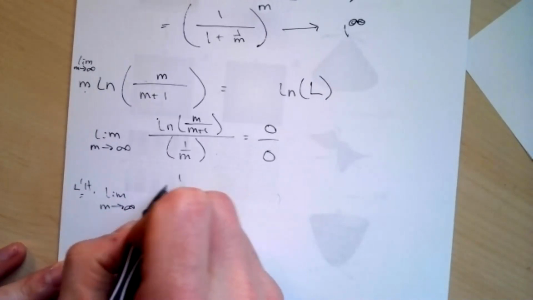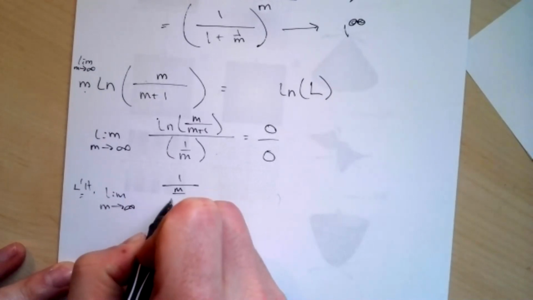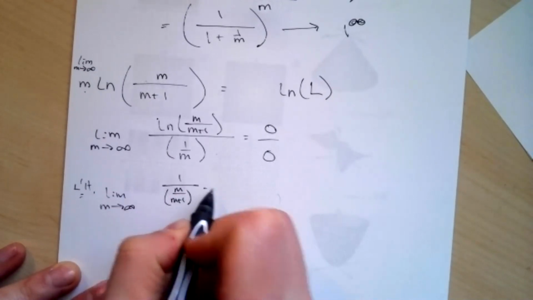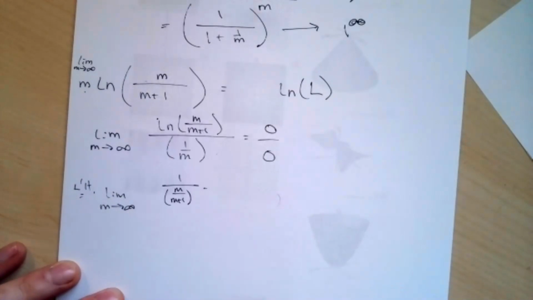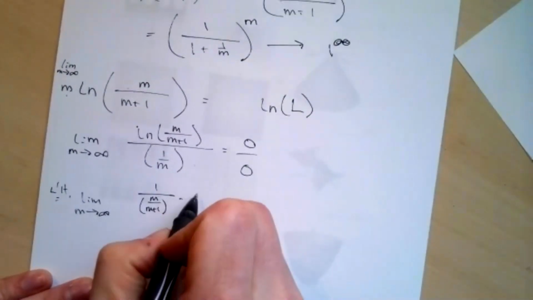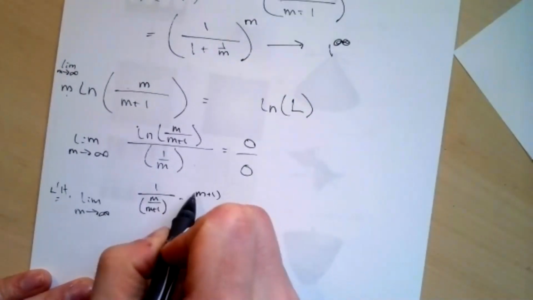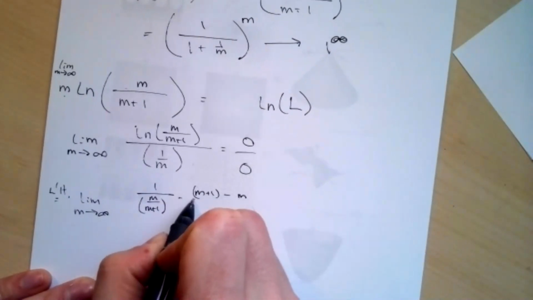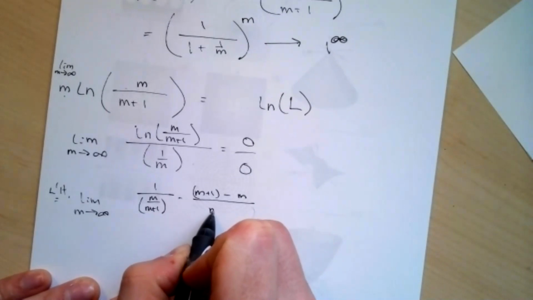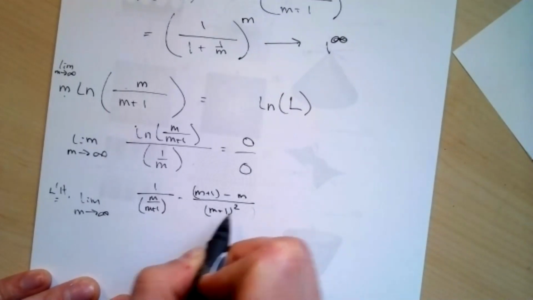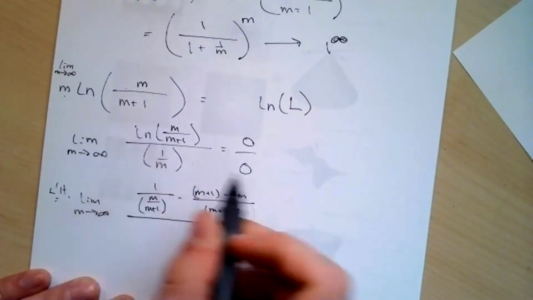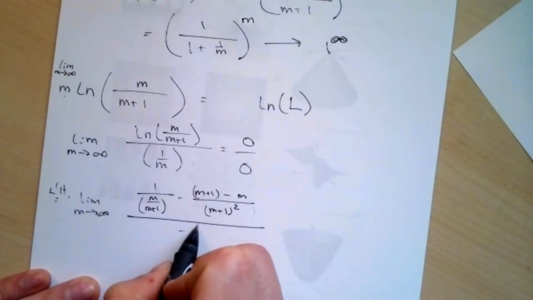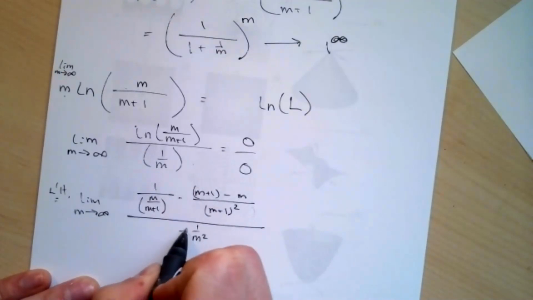Because you're going to have 1 over m plus 1. Then you've got times that derivative, which is going to be a quotient rule. And then divided by this guy, which will give us a negative 1 over m squared.